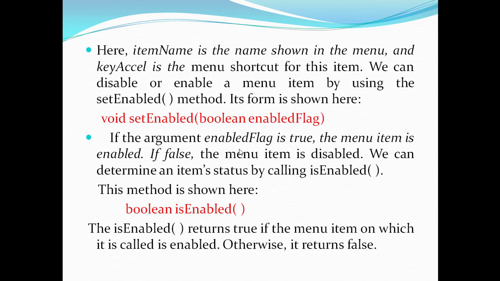We can determine an item's status by calling the isEnabled method, shown here: boolean isEnabled(). The isEnabled method returns true if the menu item on which it is called is enabled. Otherwise, it returns false.